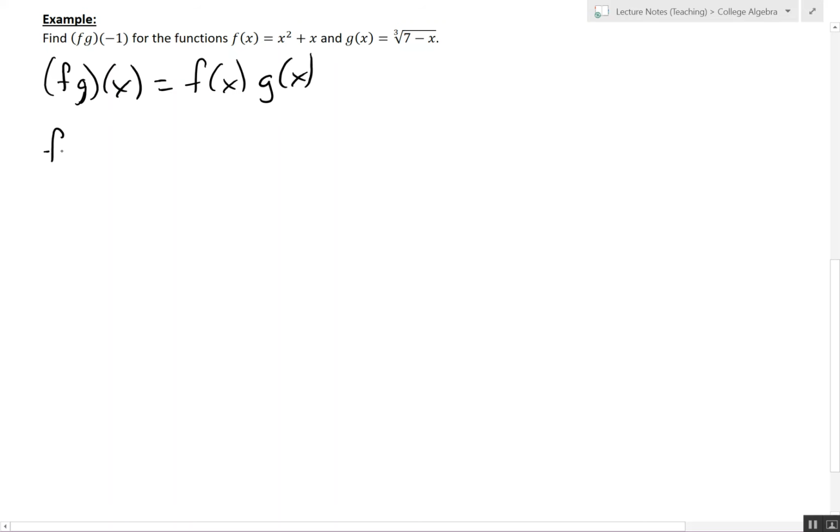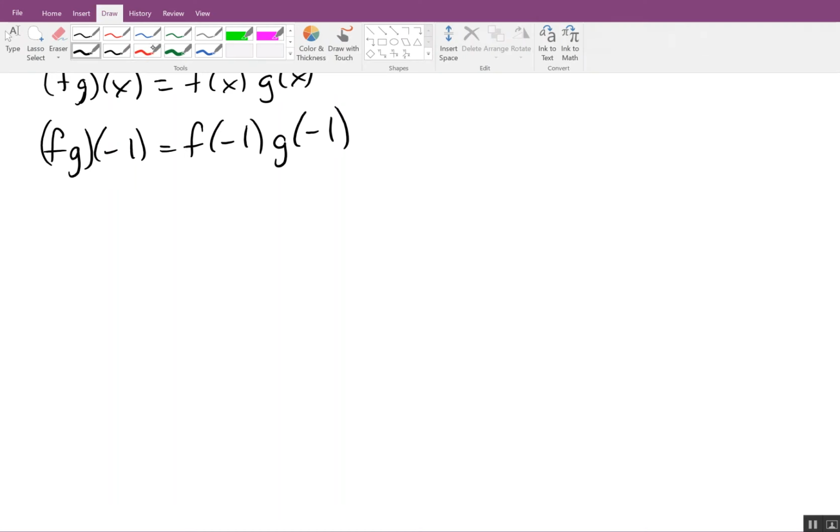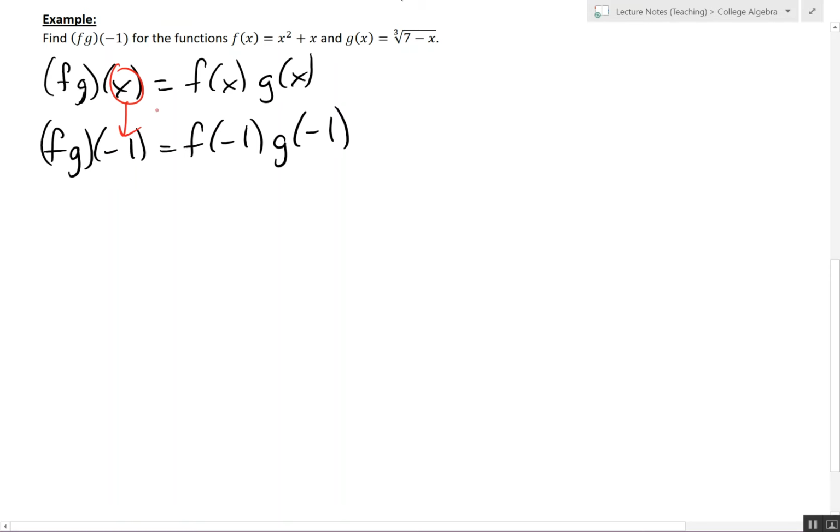So in this case, fg of negative 1 is going to be f of negative 1 times g of negative 1. Again, if we replace x with negative 1, we have to do the same thing with these two x's as well.